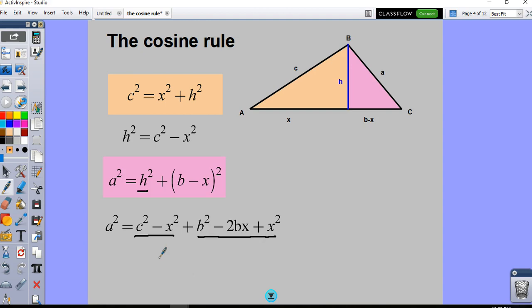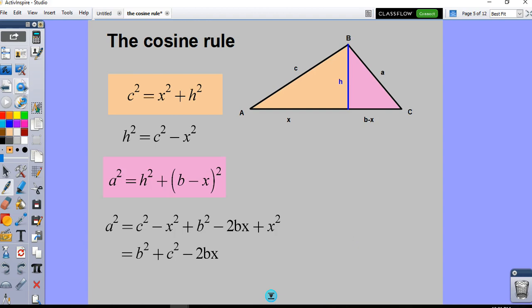Luckily, we have a negative x squared and a positive x squared that cancel each other out, and we end up with a squared equals b squared plus c squared minus 2bx. Now, a, b, and c are all sides of the triangle. But how can we find out what x is?